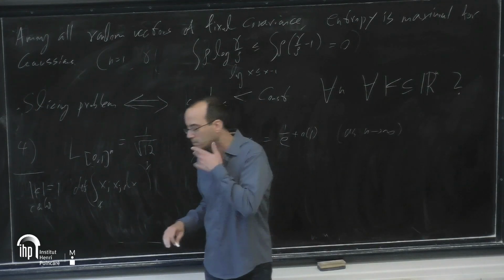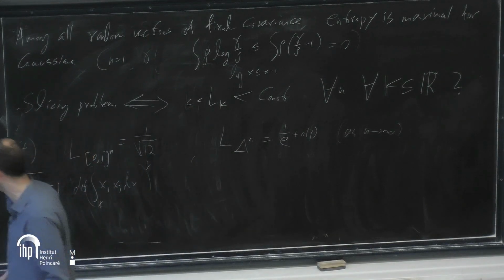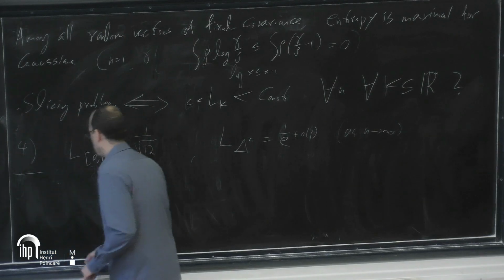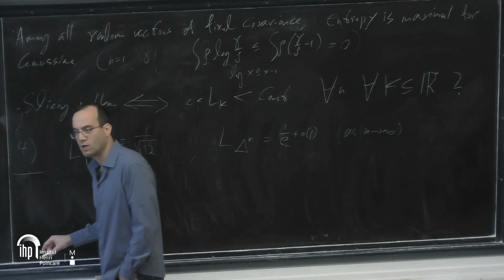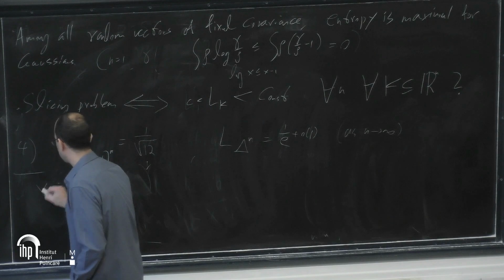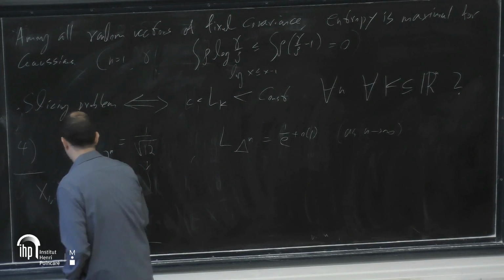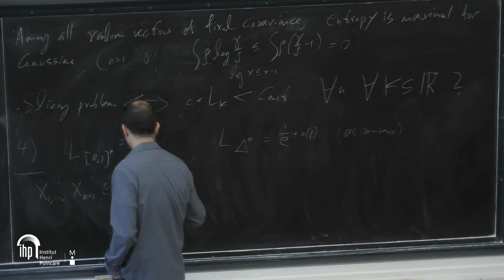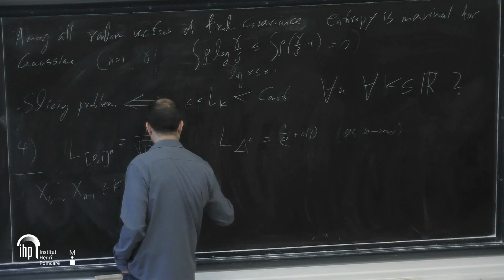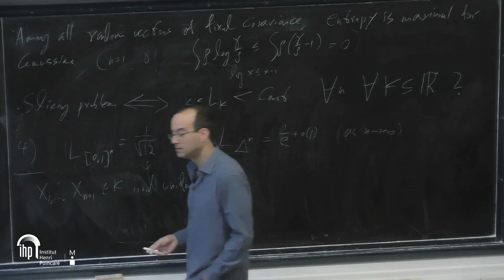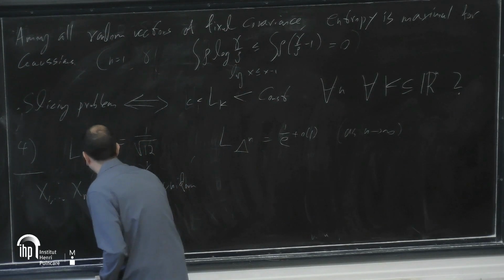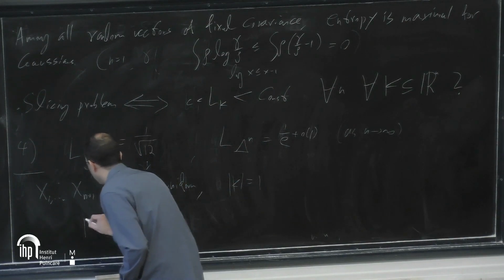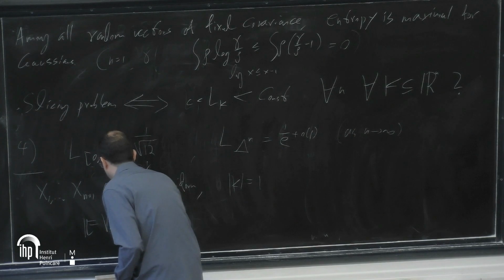If you want, maybe you'd like the following. One possibility is to say the following thing. If x_1 up to x_{n+1} are i.i.d. uniform in K, and let's say K has volume 1, just to normalize, then you can look at the expectation of the volume of the convex hull.